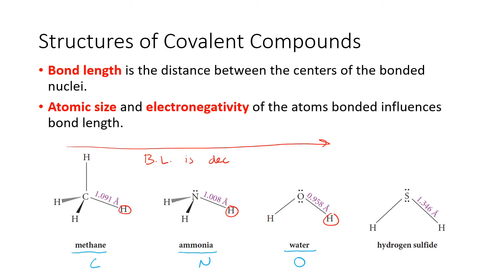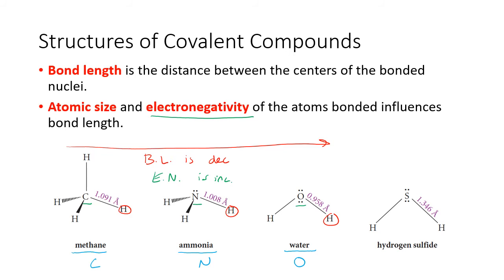It's decreasing due to the fact that the electronegativity of those atoms is increasing. So carbon is less electronegative than nitrogen, and nitrogen is less electronegative than oxygen. So remember, electronegativity tells you how greedy a certain atom is for electrons in a covalent bond.